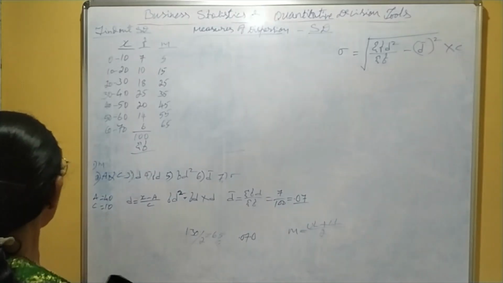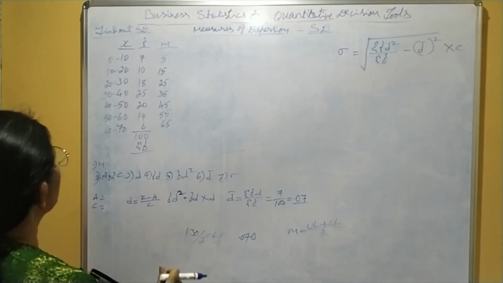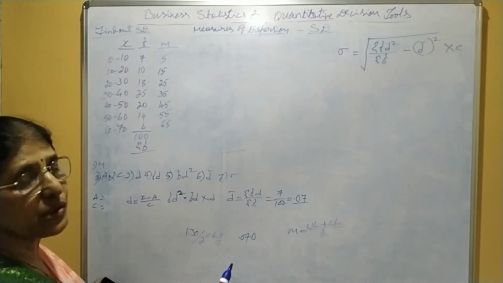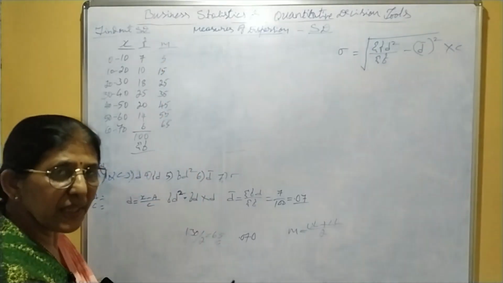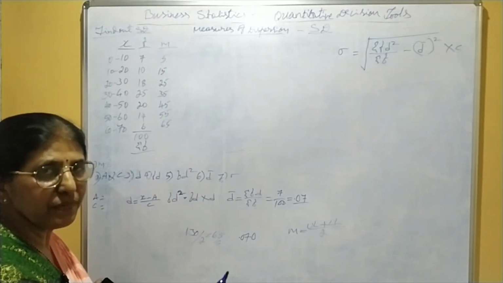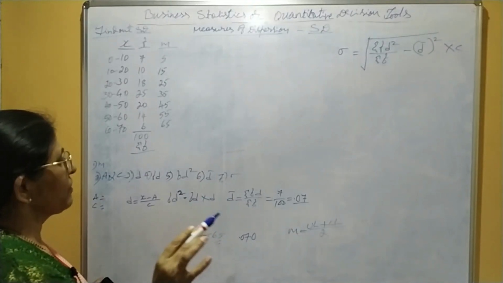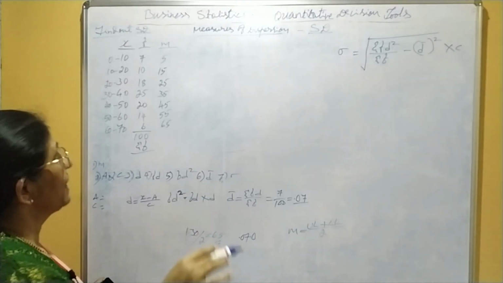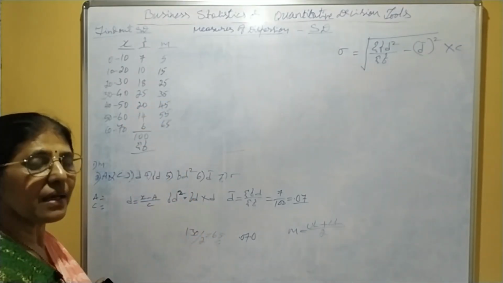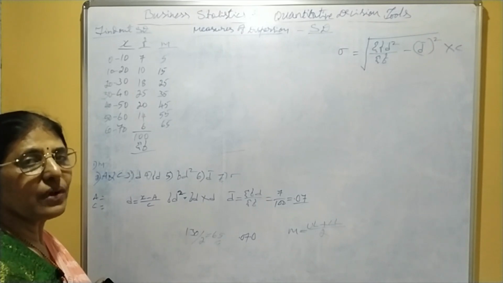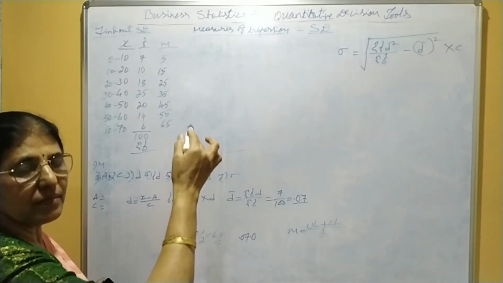Now you have to take A, the assumed mean. Any one of the mid values may be taken as the assumed mean, it is left to you. Anyhow, if you want smaller values of D, FD, FD square, then we take the one corresponding to the highest frequency or the middle one. If you do not get exactly the middle one, usually we take the one immediately above the middle.